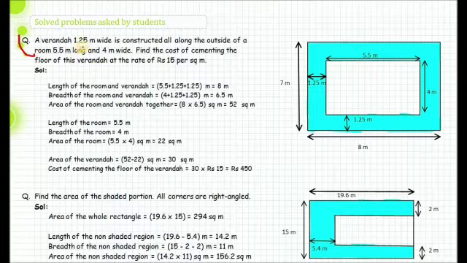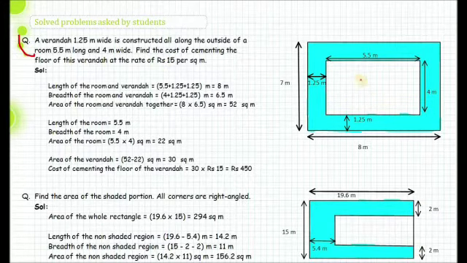You can see a veranda 1.25 meter wide is constructed all along the outside of a room 5.5 meter long and 4 meter wide. Find the cost of cementing the floor of this veranda at the rate of rupees 15 per square meter. So the question says, you can see this figure.